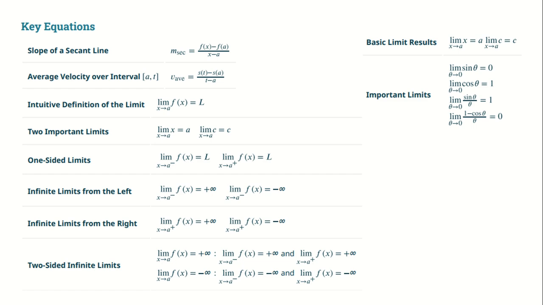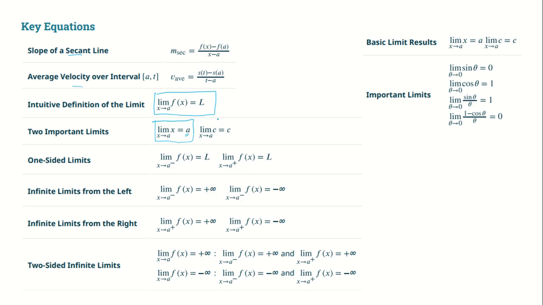And here are some key equations based on this chapter. We have discussed all of them: slope of secant line, tangent line, average velocity, and the intuitive definition of limit. Two important limits are here. As x approaches a of x, we substitute x by a, so the value of the limit will be a.